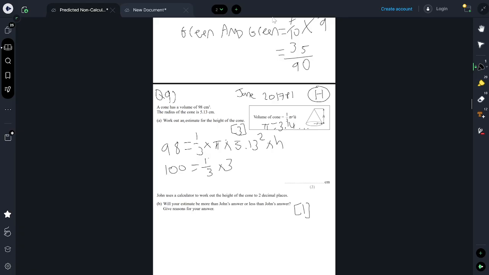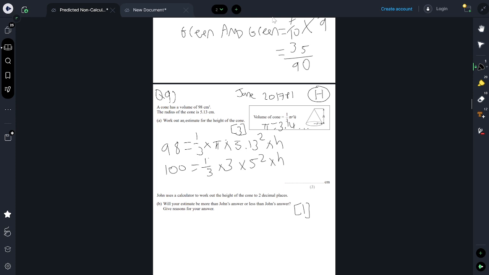There might be some leniency on that, but I think 3 is the best guess, and that makes good sense because the 3 will cancel with the third here. And 5.13 is closest to 5, so 5 squared, which should be nice, times h. Now we've got nice numbers. Those are the most sensible numbers, I feel.